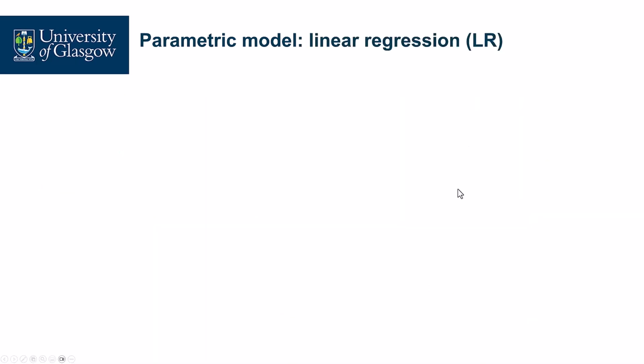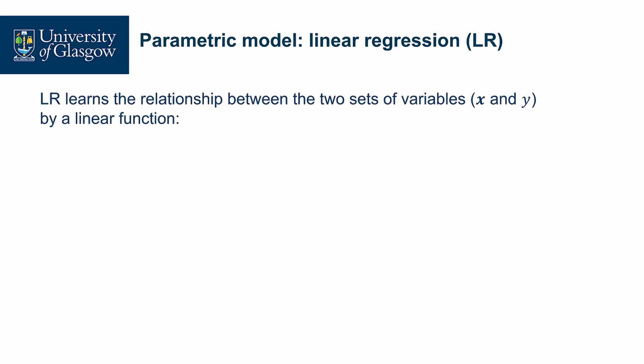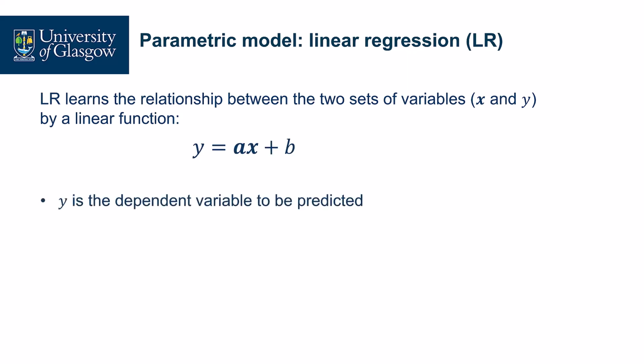Now we see a case study of linear regression. This is the typical kind, and it's very simple. We want to learn the relation between two sets of variables. X is the input and y is the output, and their relation is a linear function: y equals ax plus b. y is the dependent variable to be predicted, and x is the independent variable or input.